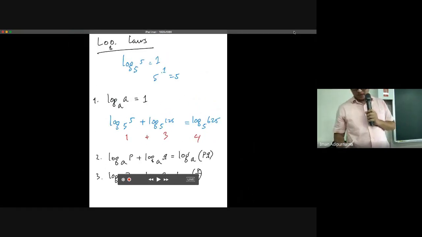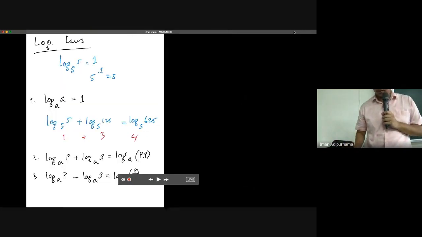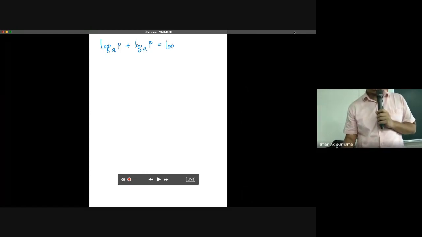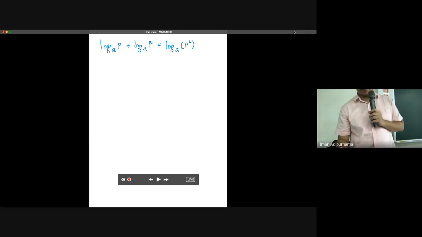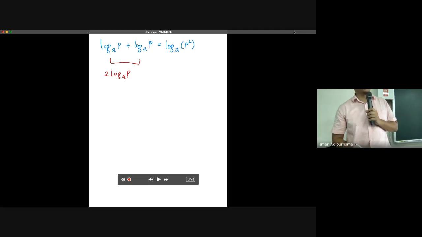Let me move to the other page. We have log a of p squared. Okay, but we can also write this as, if we just add this, we can also write this like this. So this notes that this 2 is the same as this 2.